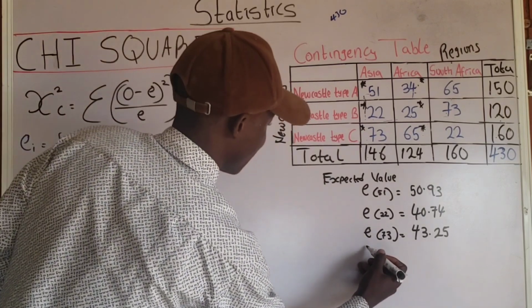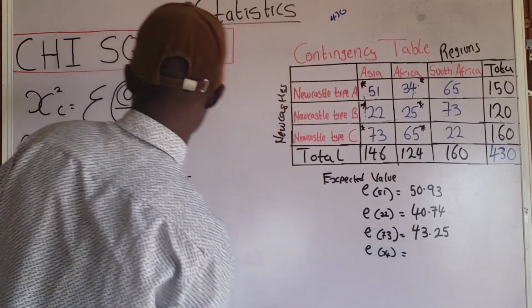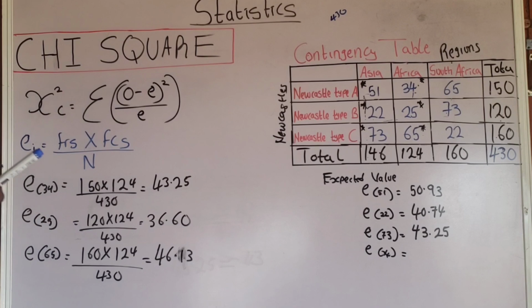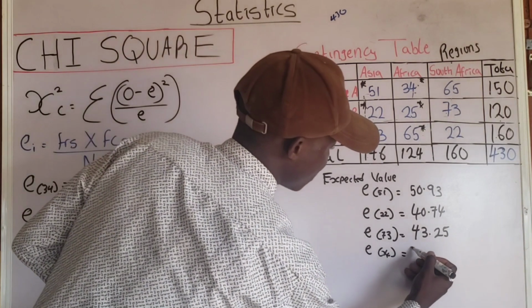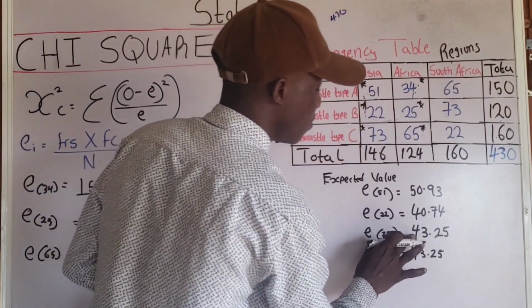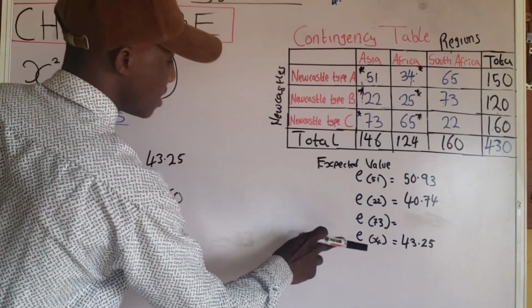So let me just put it here. The expected value for 34 is 43.25. I think there is a mistake. Oh God, there is a mistake. The expected value for 73 is not 43.25.